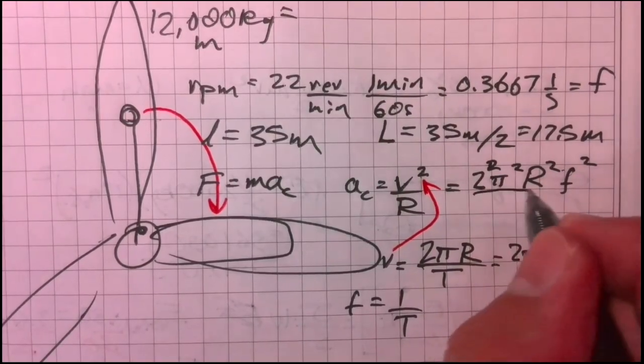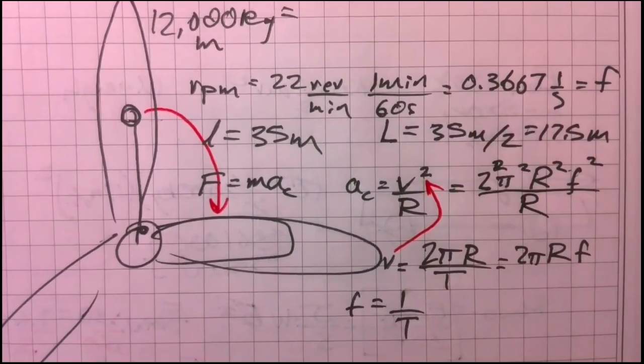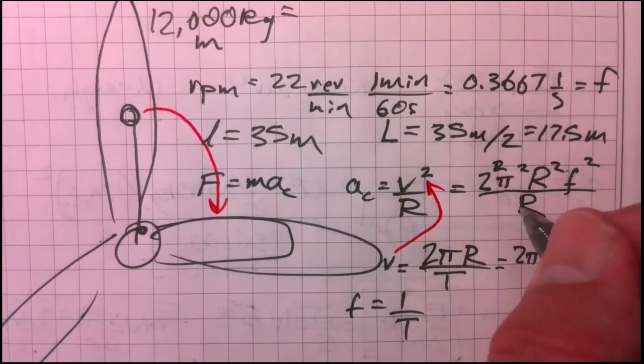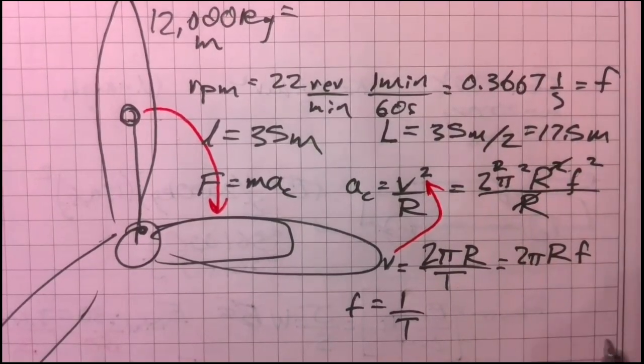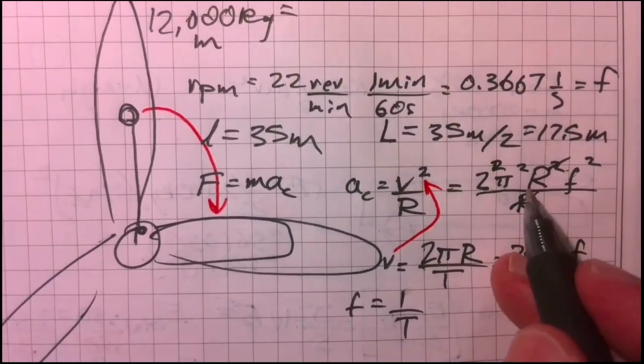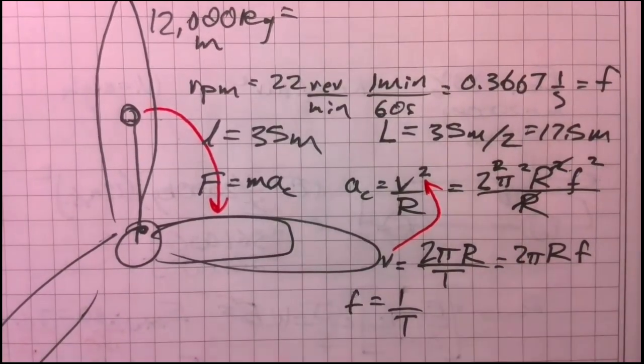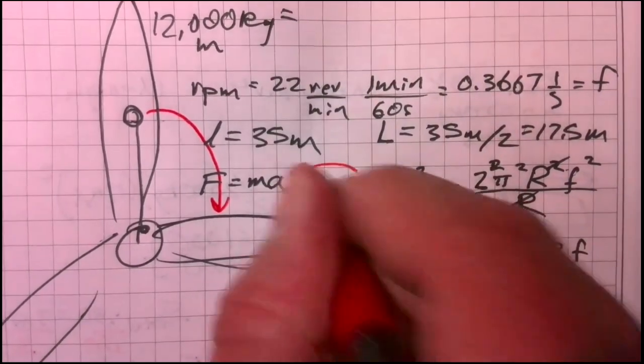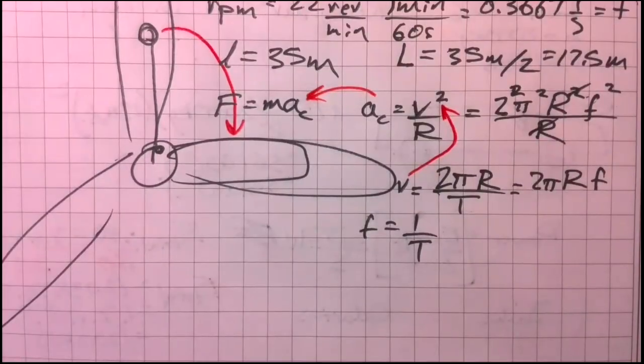And then this is all going to be divided by r. And so our r's here are going to cancel. Now I'm going to write out the full thing.